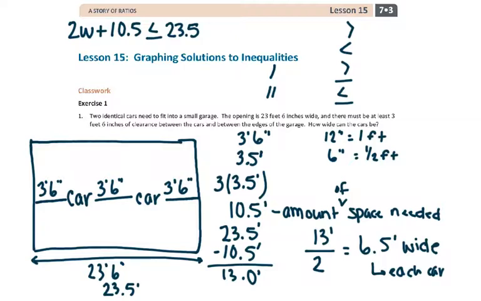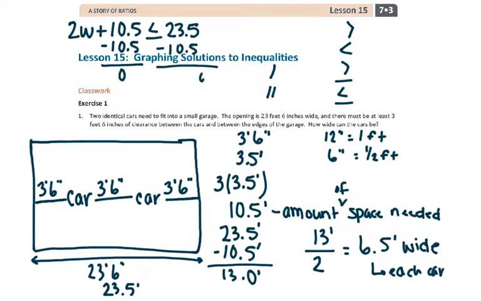So when I'm looking at this inequality, what I'm trying to do is solve for W. I want to know how wide each car can be. So in order to do that, I see that 10.5 is being added on the left side of my inequality. So I'm going to do the opposite of addition, and I'm going to subtract 10.5 from both sides of my inequality.